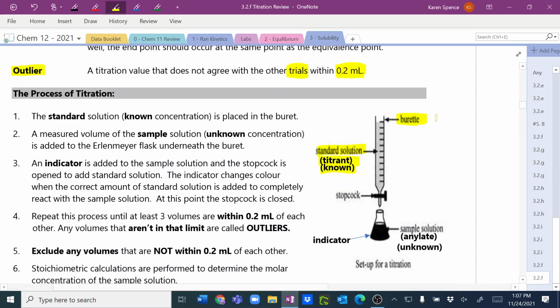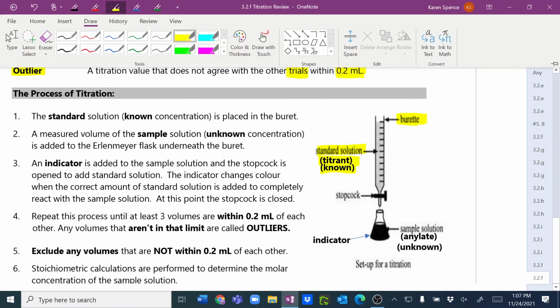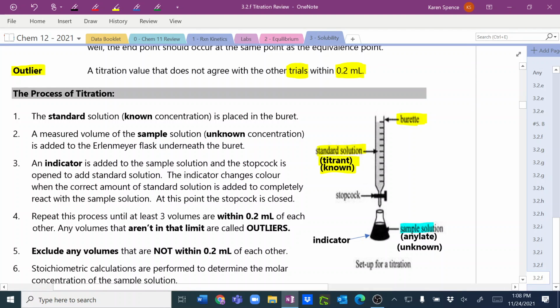The sample, that's the one where we don't know the concentration. It might also be called the analyte, and it goes in the, oh, I didn't label this. What is that piece of glassware there? That is an Erlenmeyer flask.